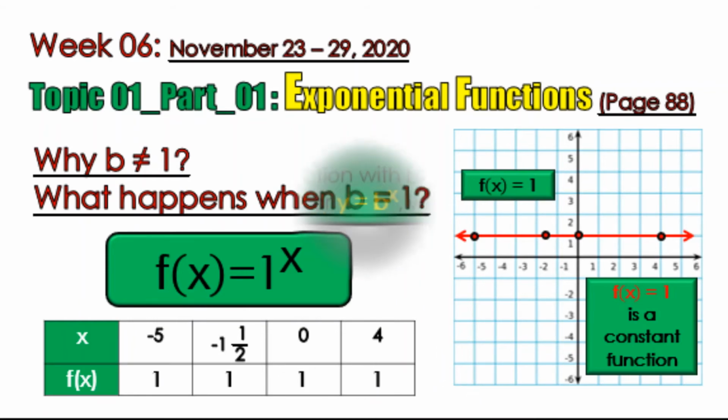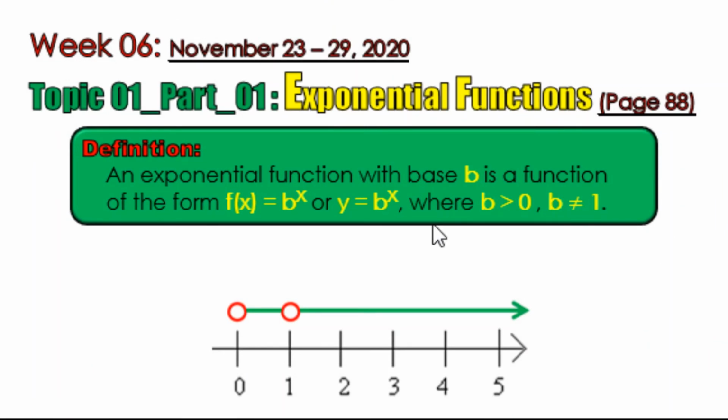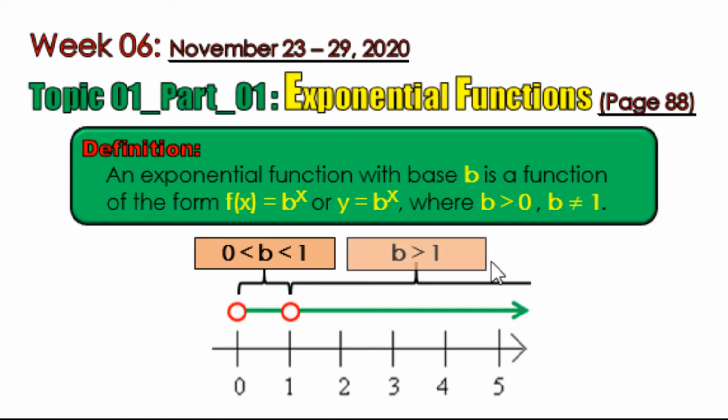Okay? So let us proceed. Let us emphasize the value of b. b must be between 0 and 1, or b is greater than 0 but less than 1. And we can also have b greater than 1.